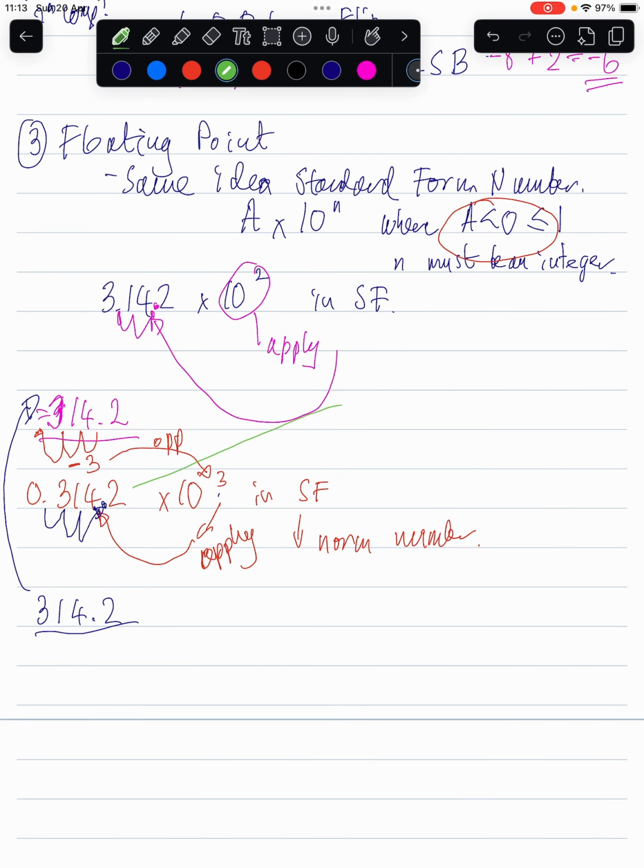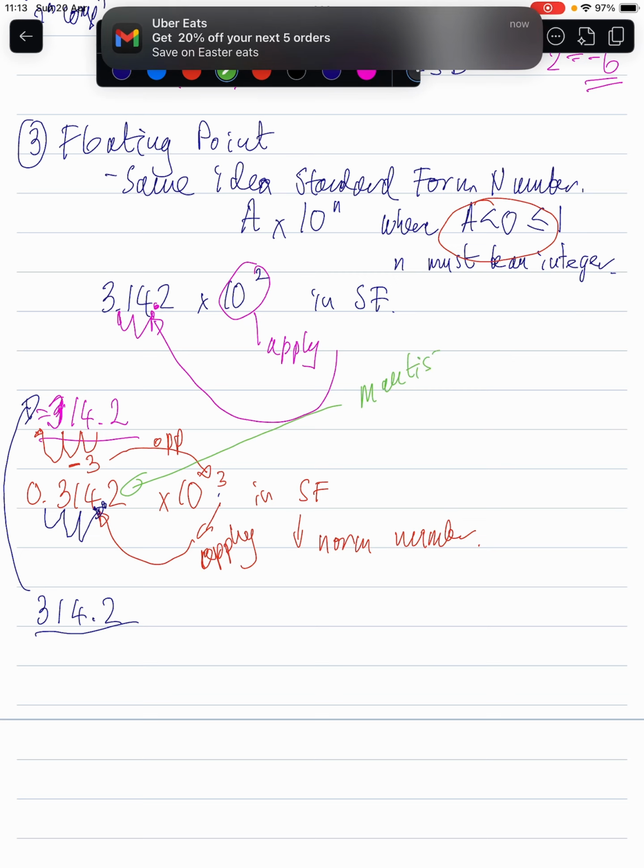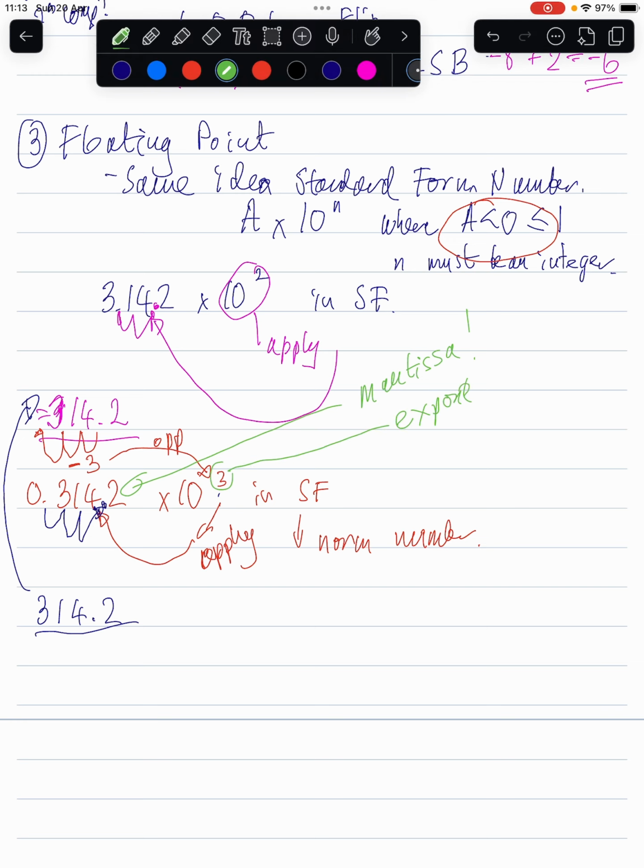This is called the mantissa, and this is called the exponent. Okay, so now I just shorten it to M and E whenever I use it.